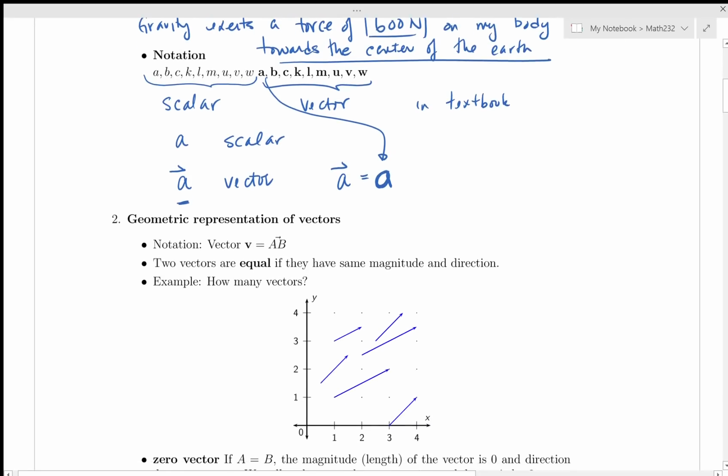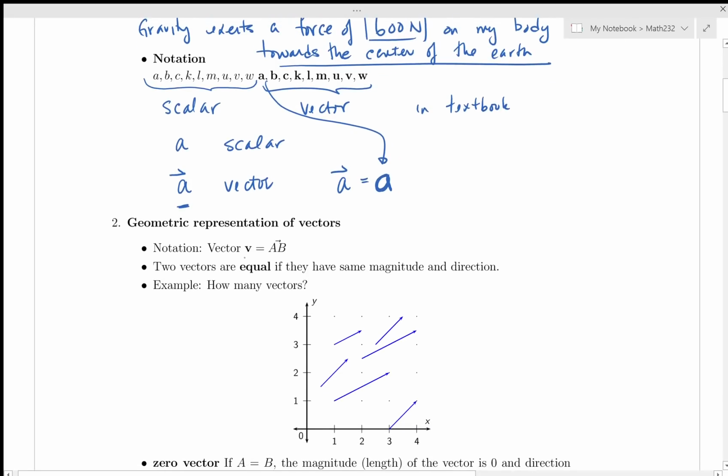Okay, so here you get the idea. We have here vector v, and we would say this vector v is the directed line segment between A and B, and I would write vector v like that. So a vector is a line like this.